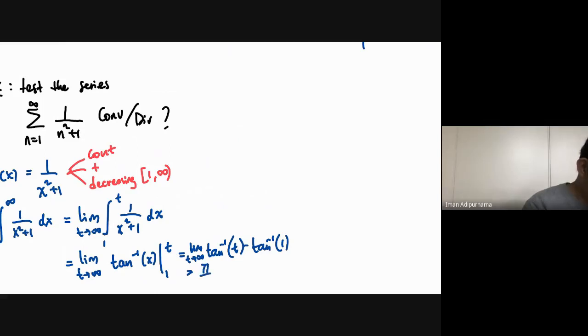So this will be pi over 2 minus pi over 4, which is pi over 4. Because it has a certain value, we can conclude that this converges.